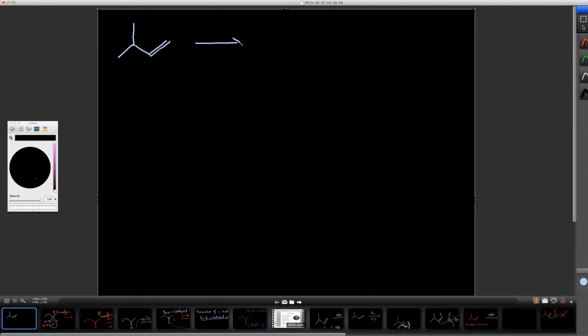We learned that HBr adding across this double bond would result in a rearranged product. We learned that the addition of water with acid would also result in a rearranged product.